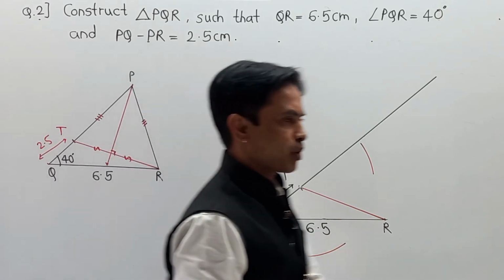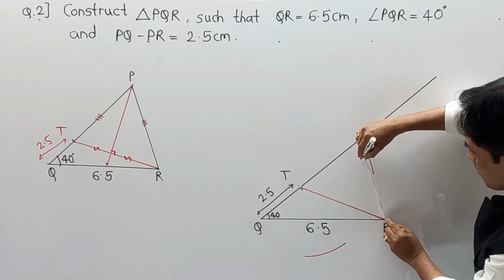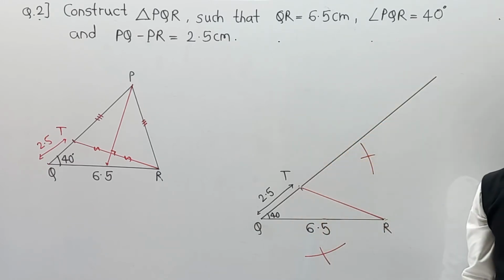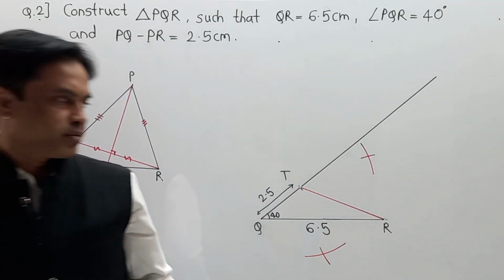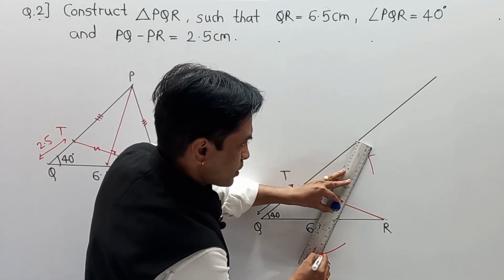Now taking from point R, one mark upstairs, second mark downstairs, and in this way your marking is going to get complete. After that, we have to draw one line which is nothing but a perpendicular bisector over here.